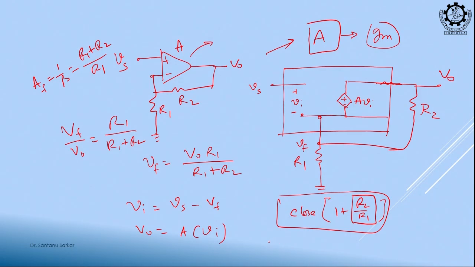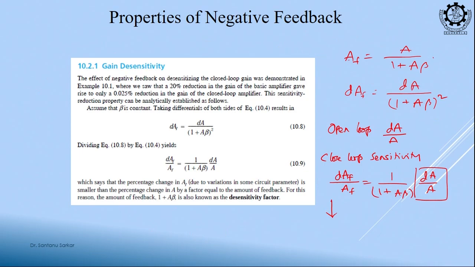But because I am using the negative feedback, what is happening? My gain is getting desensitized. The sensitivity of the gain is getting reduced. By which term? The same term, by which my gain was reduced, 1 plus A beta. So, this 1 plus A beta you will find everywhere. By 1 plus A beta times, my gain was reduced, and by this also my sensitivity is reduced.